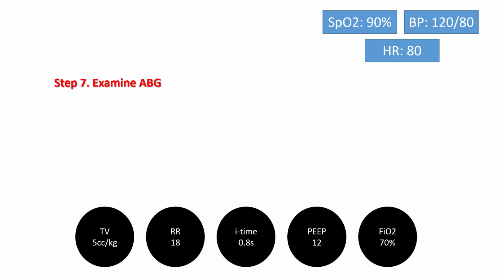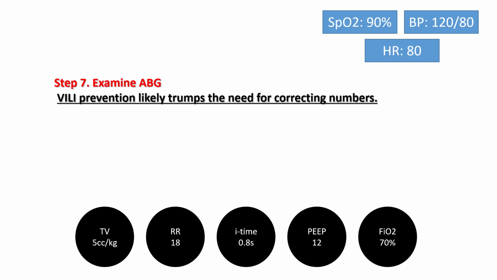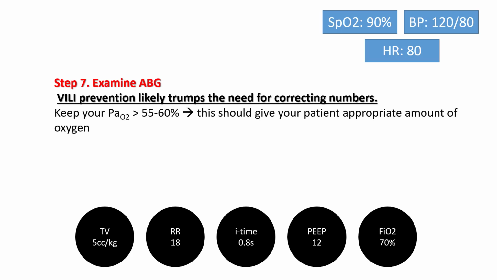Lastly, if there is an ABG available, I will examine it. The important part of looking at the ABG and the ventilator setting changes is that ventilator-induced lung injury prevention trumps the need for correcting the numbers. The number that I'm interested in is keeping their oxygenation okay. That means PO2 of 55 to 60, which corresponds to a sat of 88 to 92%.